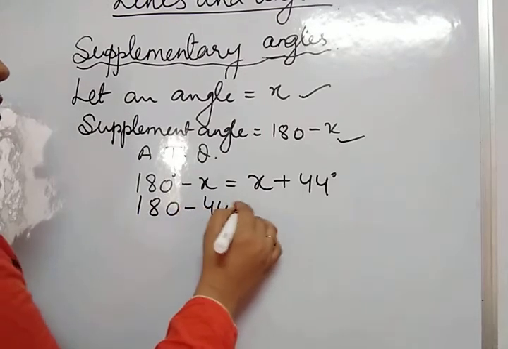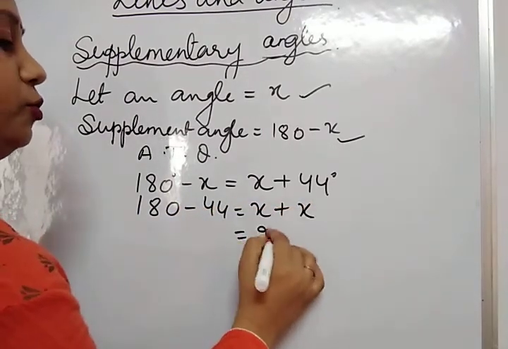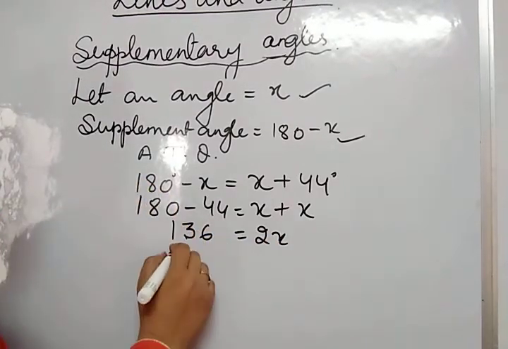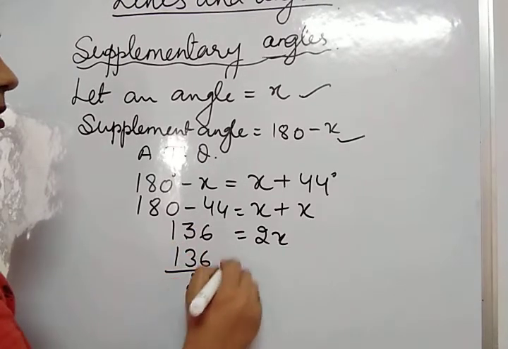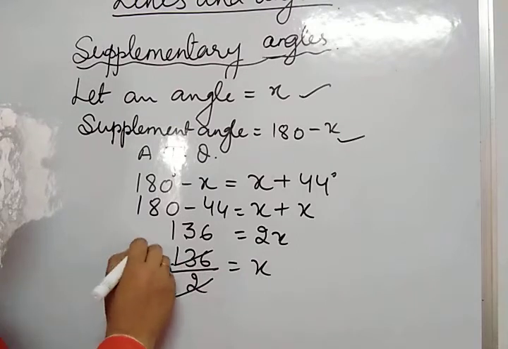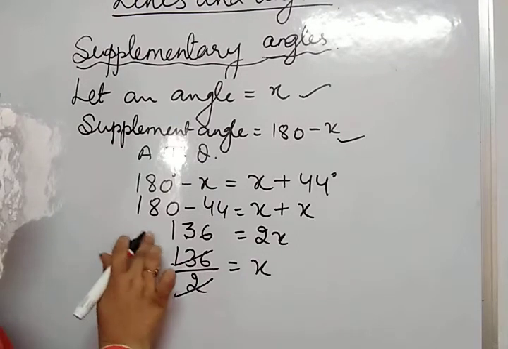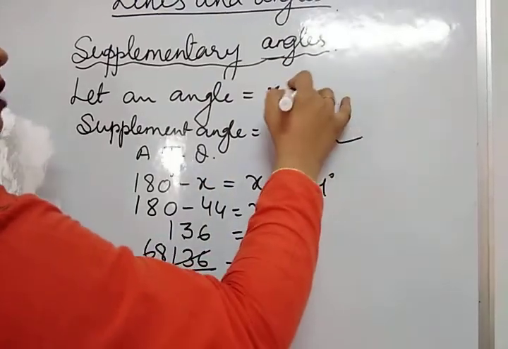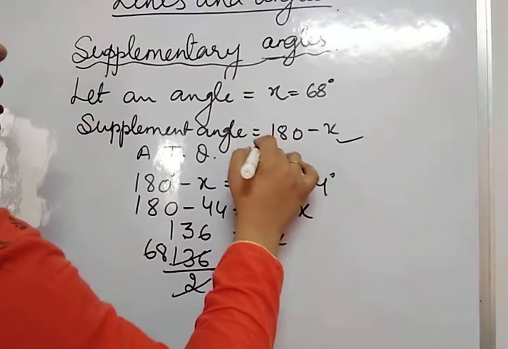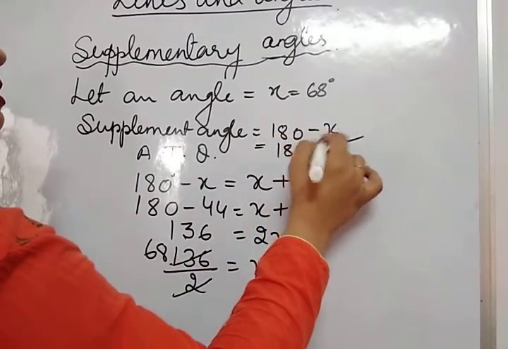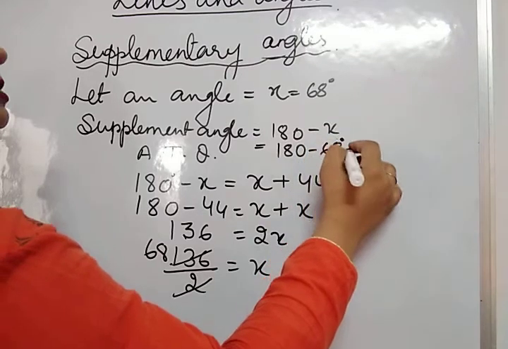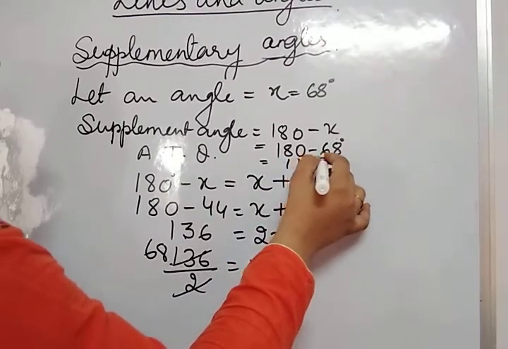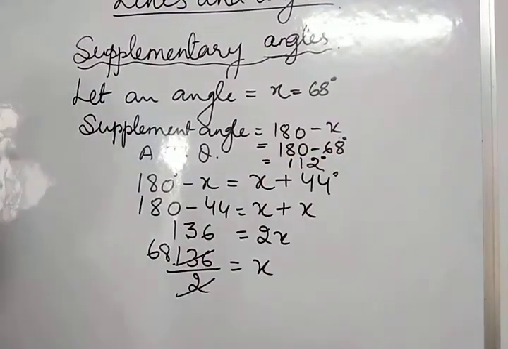Then 180 minus 44, then x plus x is equal to 2x. 136 degree, then 136 divided by 2 is 68 degree. So the value of x is 68 degree and its supplement angle is equal to 180 minus 68, which is 112 degree. Okay.